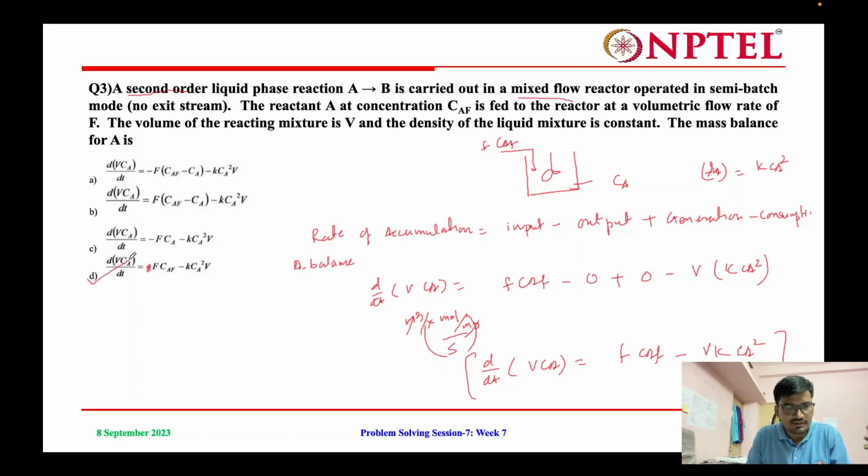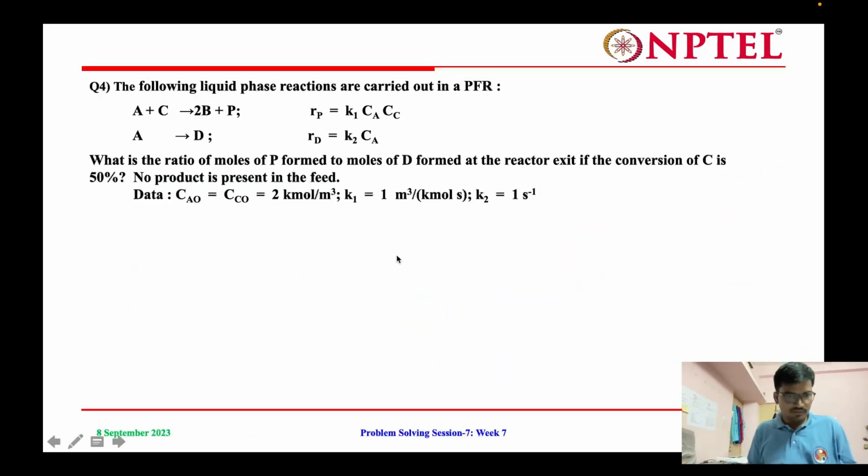Option D is correct. So moving to question number 4.